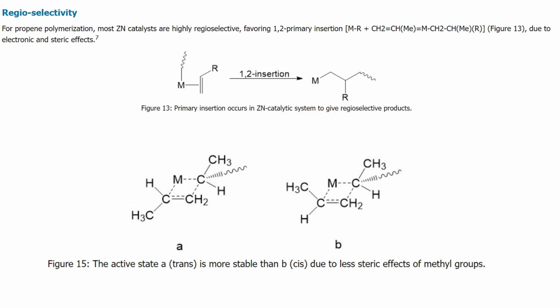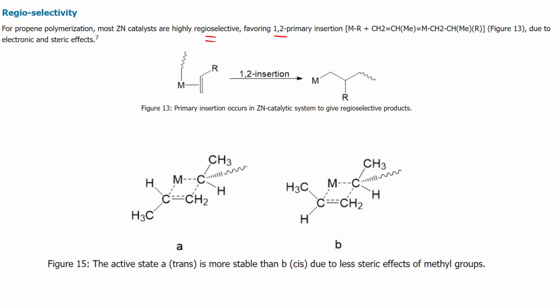So now for this kind of propene polymerization, this kind of Ziegler-Natta catalyst is highly reduced, and they favor formation of this kind of 1,2 primary insertion. So here you are seeing that this metal center tries to be at the end of that group, where the bulkiness is very much low.